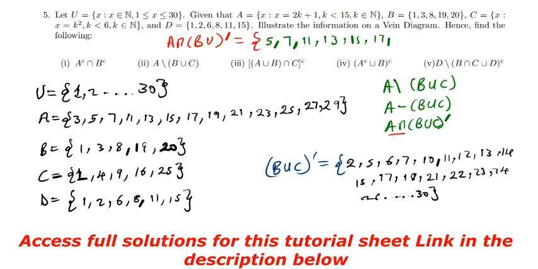Then 21 is common, 23 is common as well. Then 25 is not common because it's not in the other set. 27 and 29 are common as well. So this set is the answer to this question: A intersection open B union C complement. The result is this one there.